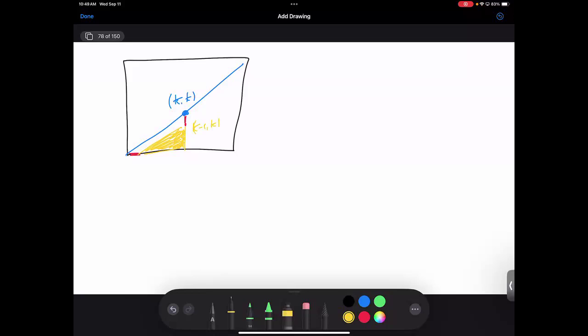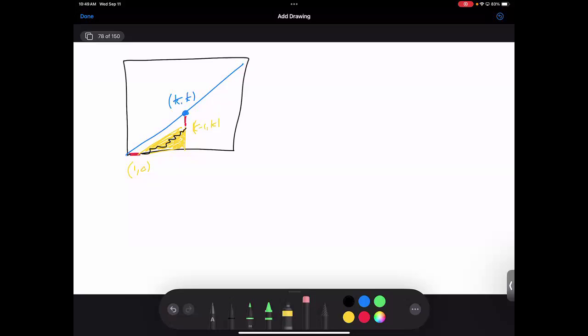I know I have to start off at 0,0 and then move to 1,0. So I'm really just counting how many paths there are from 1,0 to k-1,k, never going above that main diagonal. What is that number? How many paths do I have in here? Yeah, this is just C_{k-1}.